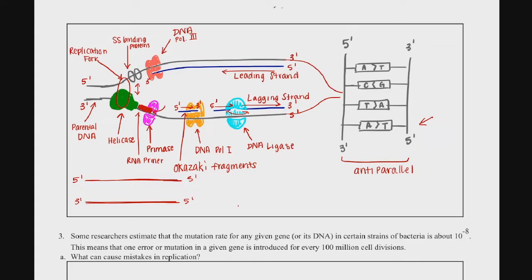Neither goes away. So this blue would be, if this is what's being replicated, the blue would be synthesizing in the 5' to 3' direction, which makes this the leading.